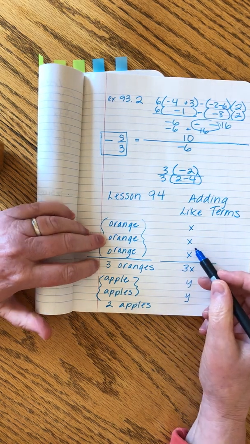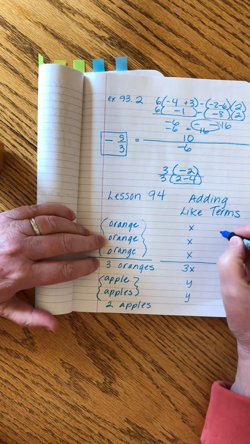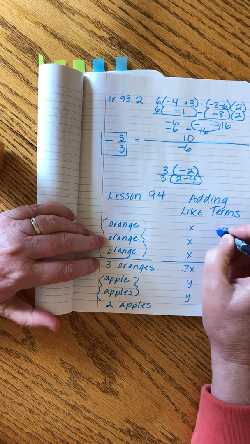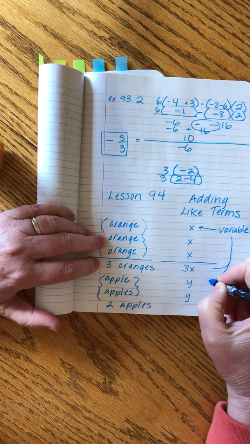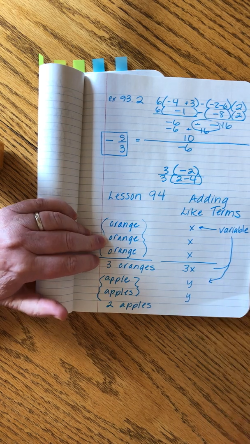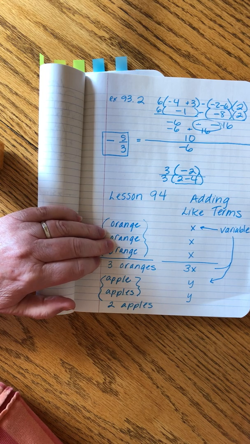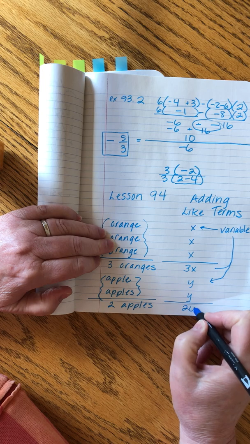X is the first choice that mathematicians usually make for what we call a variable. X is a variable. Y is a variable. Okay? Because depending on what we want to plug in, we'll get different answers. And we would say that we have 2 y's.